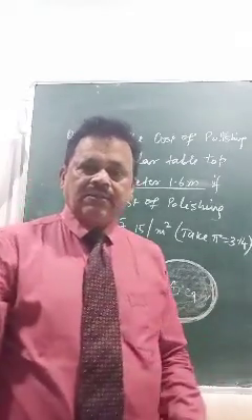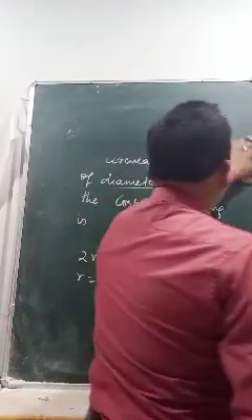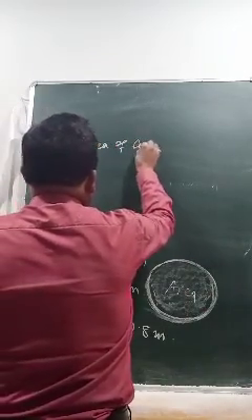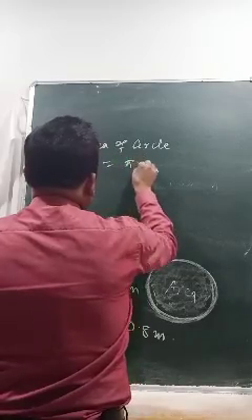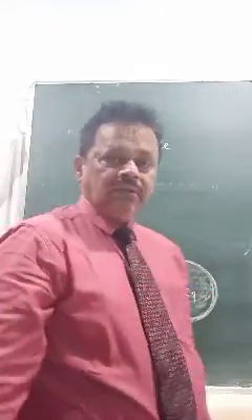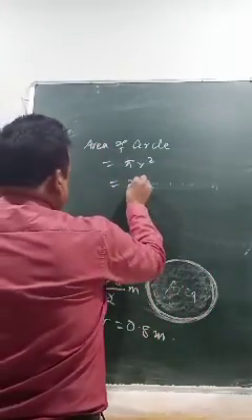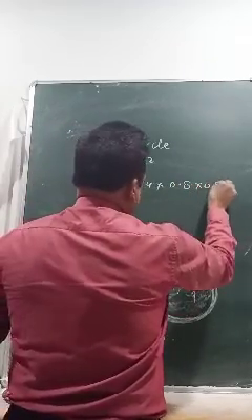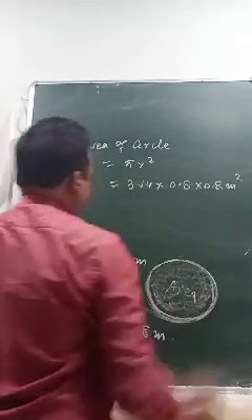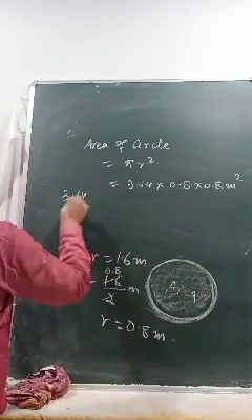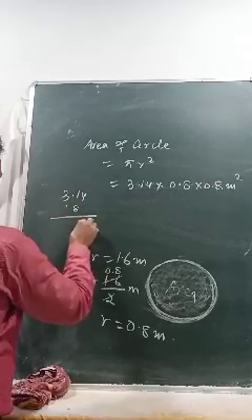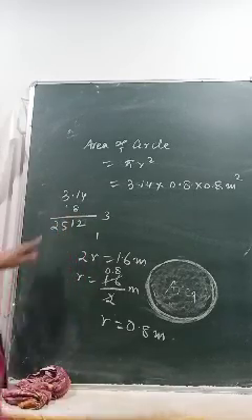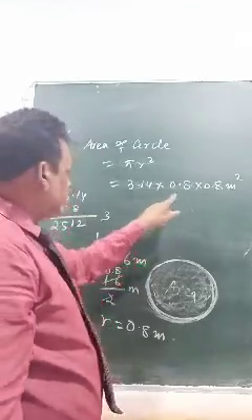Then what is the area of circle? Area of circle is pi r square, but pi is told to you as 3.14. r is 0.8 into 0.8 in meter square, multiplied by 3.14. 3.14 times 0.8 is 2512.